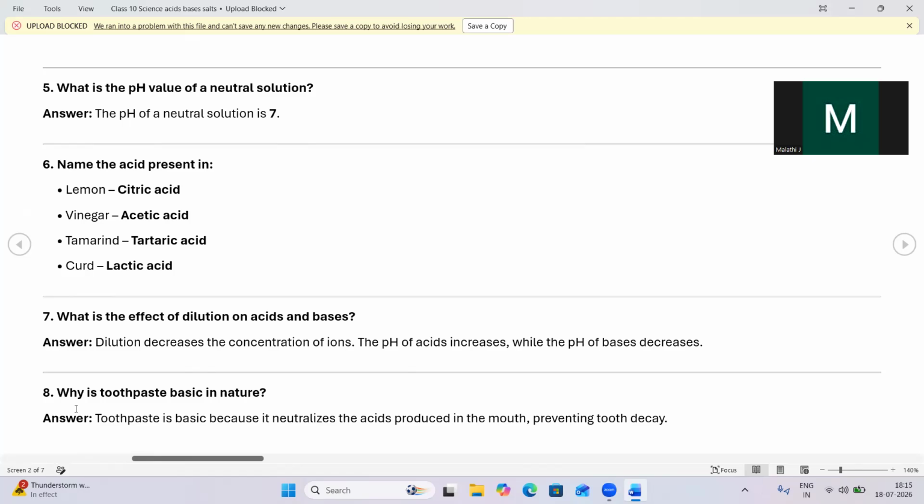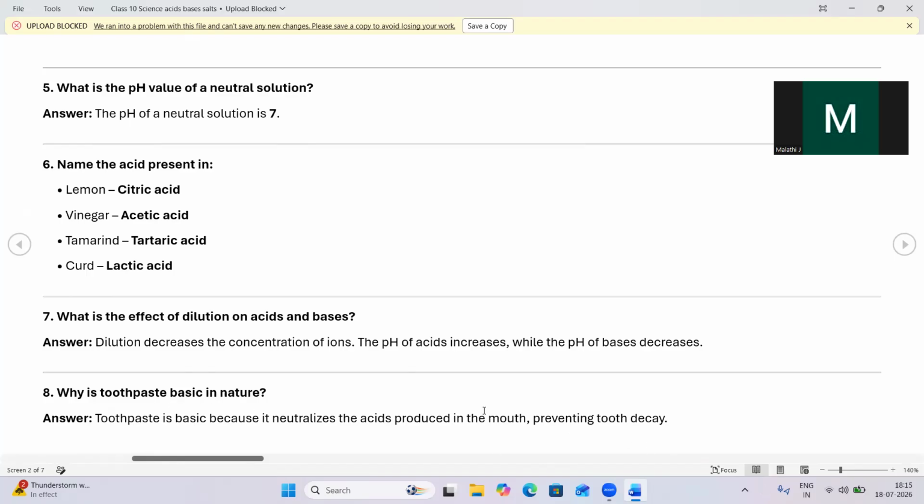Next question, why is toothpaste basic in nature? After eating food, some food particles will be stuck in the teeth. They react with saliva and produce bacteria. That bacteria will produce acids in saliva, and then we get tooth decay.